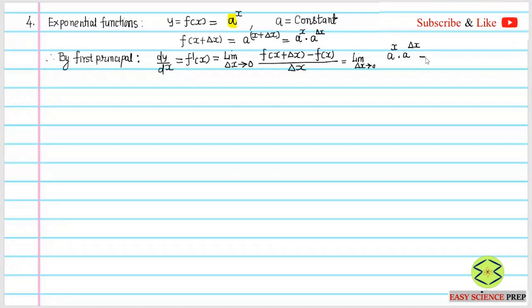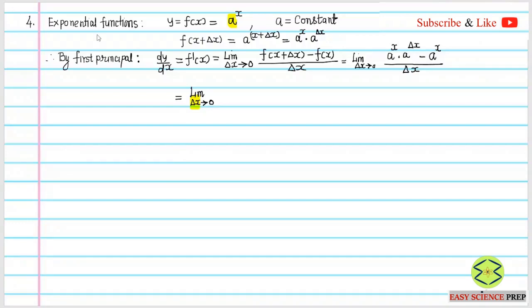Minus what is f of x? That is a raised to x, whole divided by delta x. Now here the variable for the limit is delta x, not x. So x you can take out of the limit, because the limit is only valid for delta x. Wherever delta x comes, there you have to put 0.